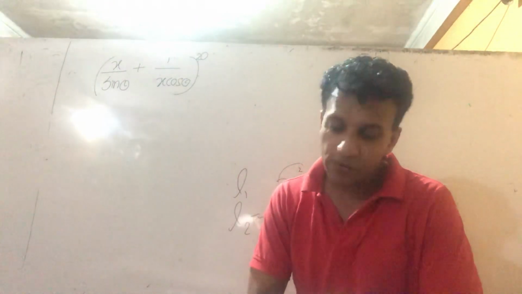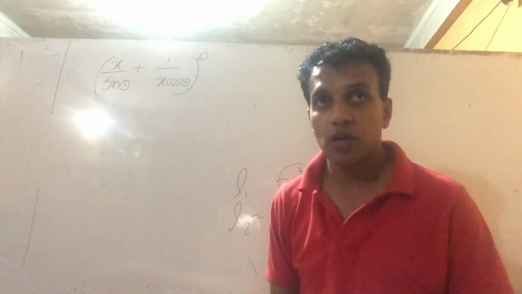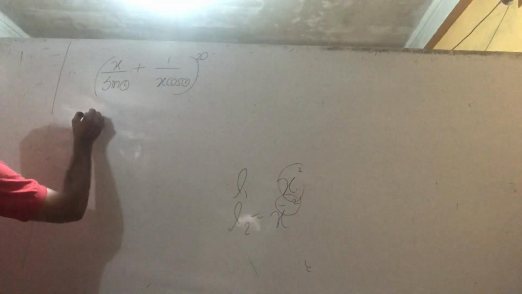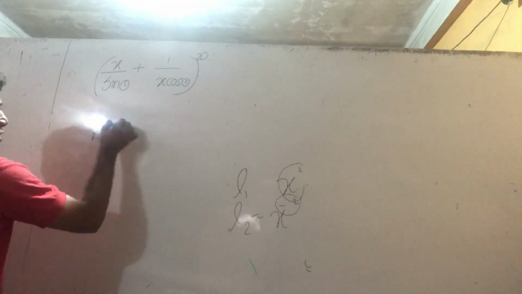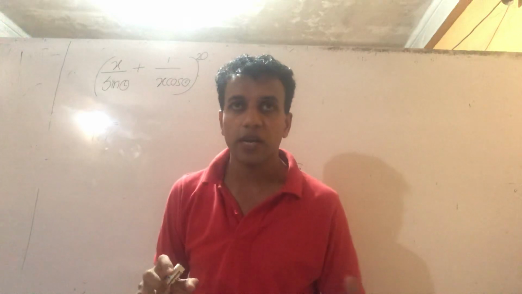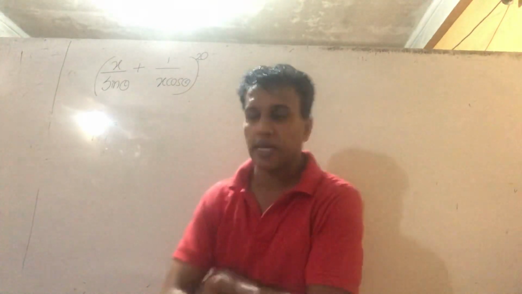For this idea, we have to write the general term of this expansion. So write below the general term, T r plus 1. Here we denote it as T, T r plus 1, the general term. The coefficient you usually call u, small u, like that. So what is the general term?